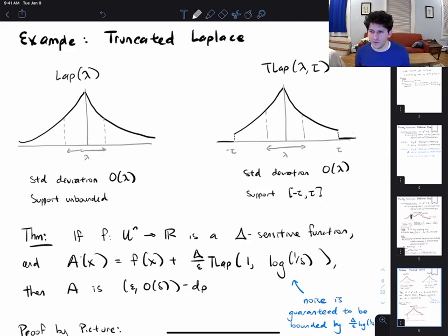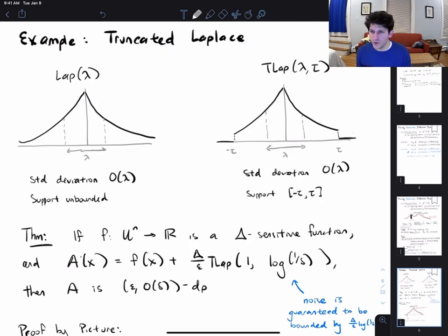So if we add noise from this Laplace distribution, we have some probability that we get anything as the output, no matter how bad the error would be. One can argue, although we haven't really seen the tools to do it, that that's inherent for anything that satisfies epsilon 0 differential privacy.